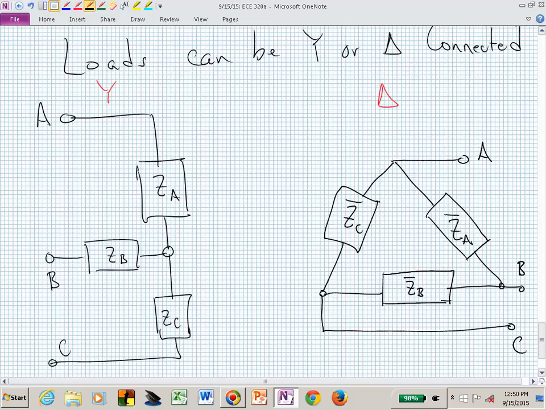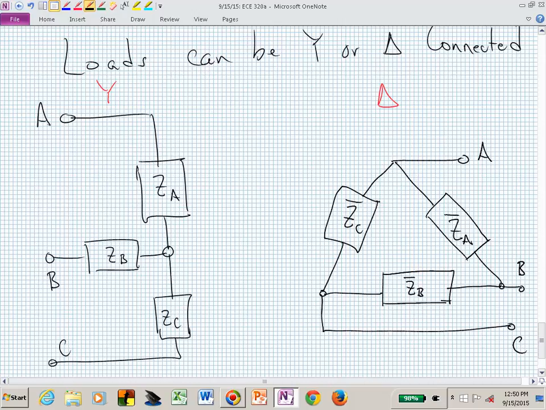And we do want to know how to go between Y and delta or delta and Y. If somebody gave you a delta connected load, you might say, oh, I would be much happier to analyze this if I could make an equivalent load that was Y connected.